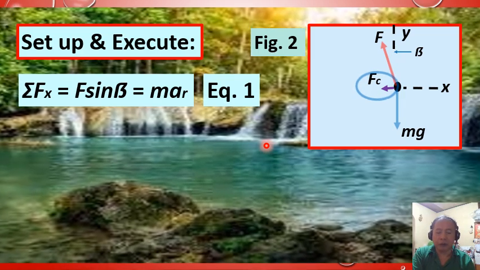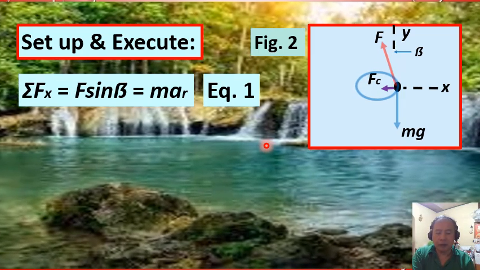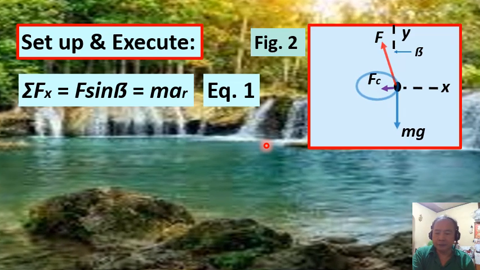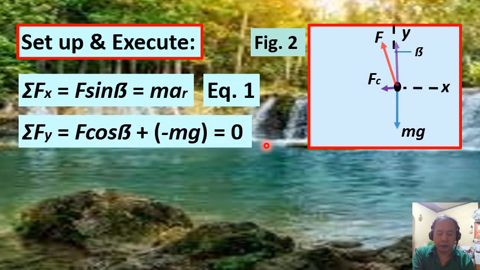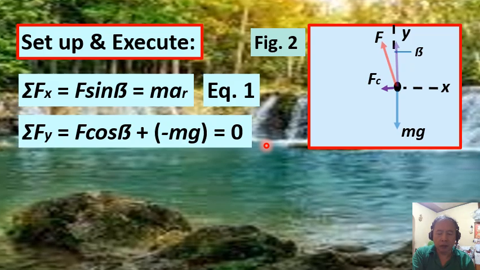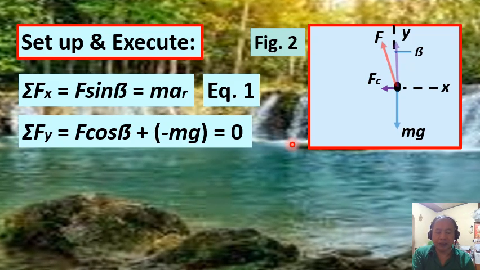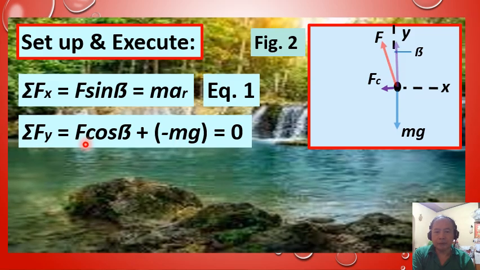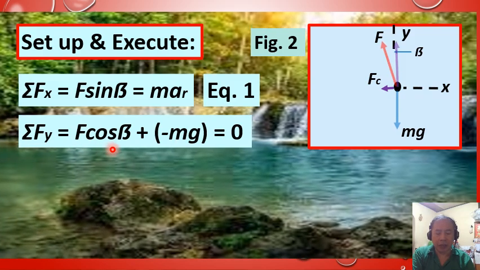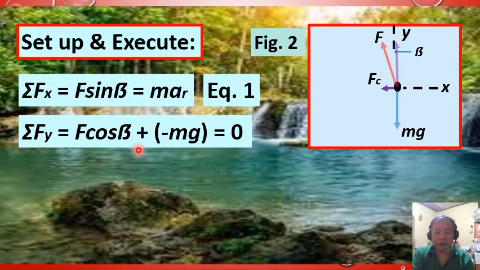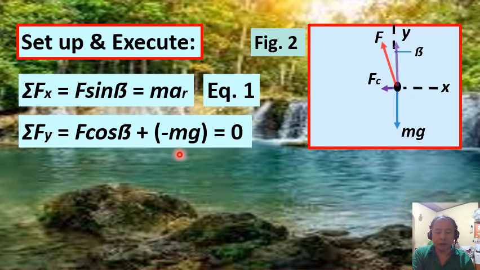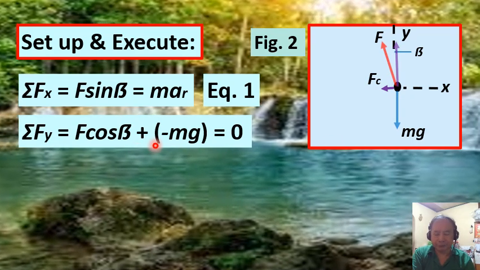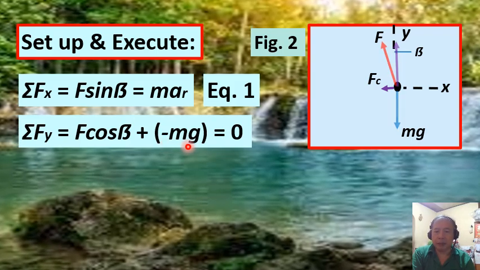And along the y coordinate, the two forces acting on the bob are the y component of the tension force F, expressed as F times cosine of the angle beta, and of course, the downward force of gravity on the bob, or its weight, mg.